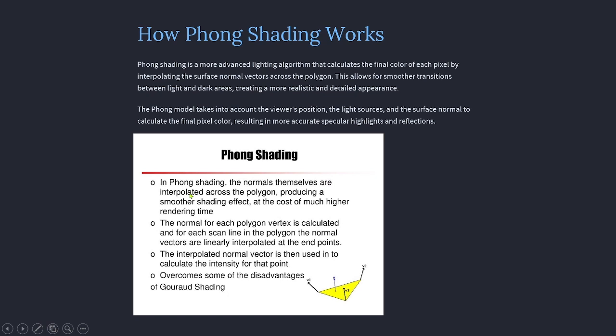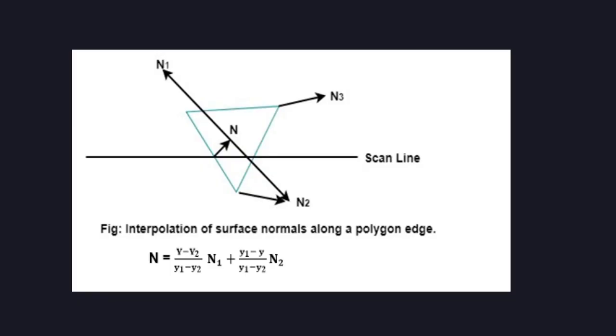You can read here: in Phong shading the normals themselves are interpolated across the polygon, producing a smoother shading effect. Also, the normal for each vertex is calculated, and for each scan line the normal vectors are linearly interpolated at the endpoints. You can read this, and it is the actual implementation.